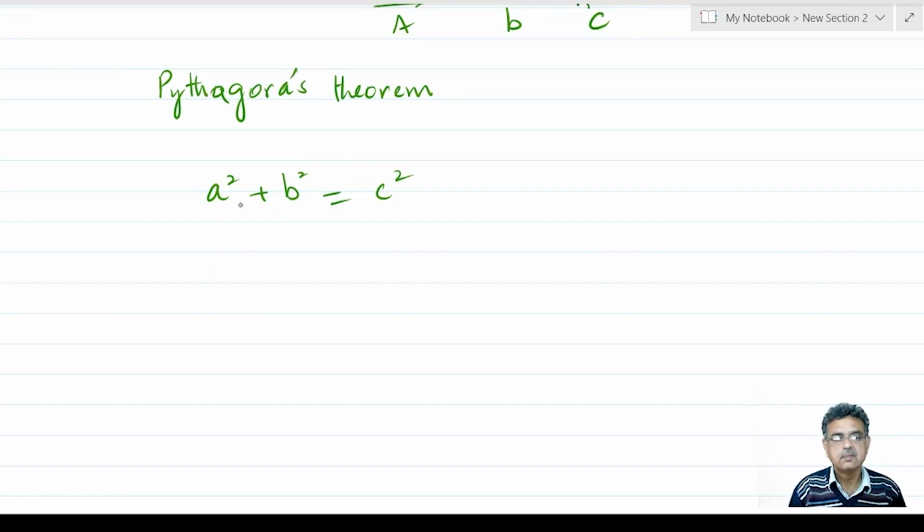Now, if we divide all these values by c square, then it will be a square over c square plus b square over c square equal to c square over c square.